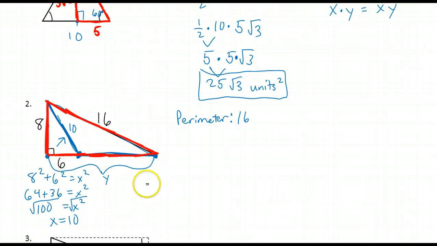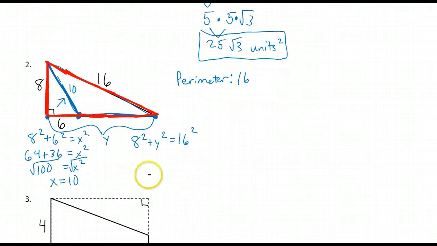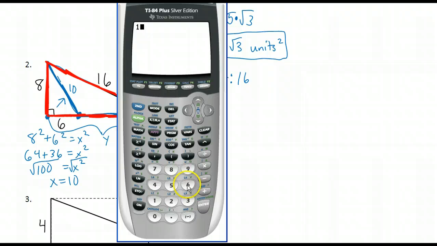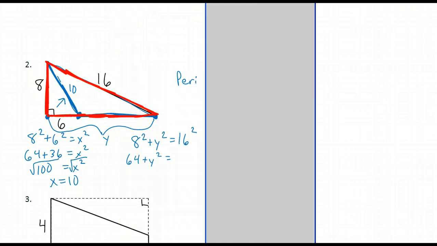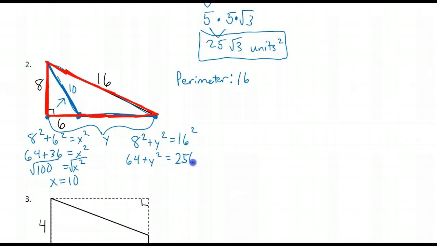So to figure out y, I'm going to take 8 squared plus y squared and set it equal to 16 squared. 8 squared is 64. 16 squared is 256. Subtract 64 from both sides.